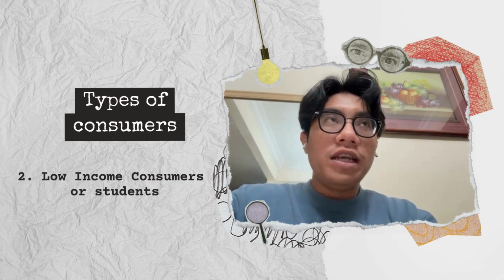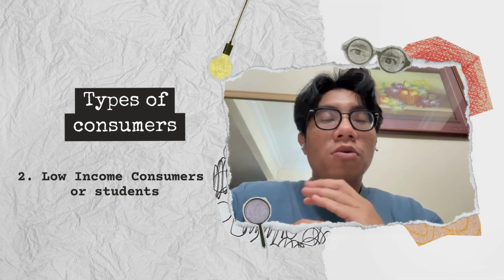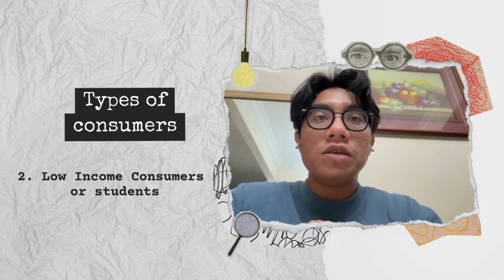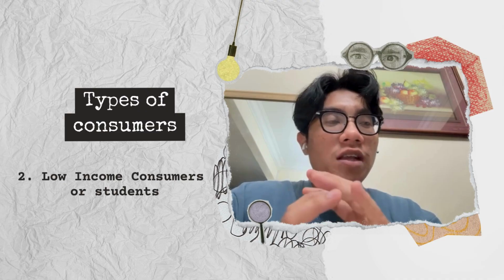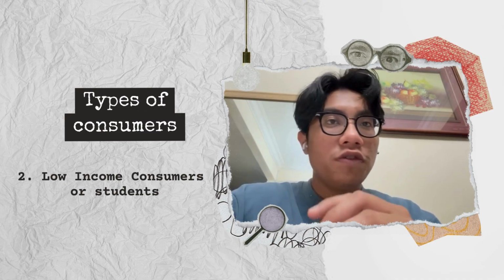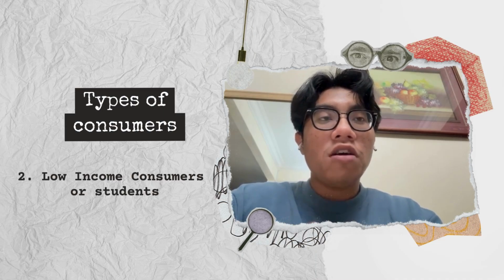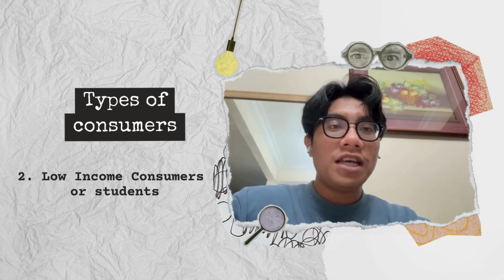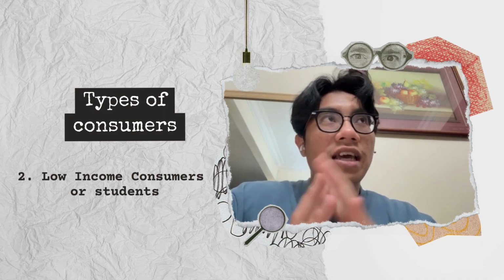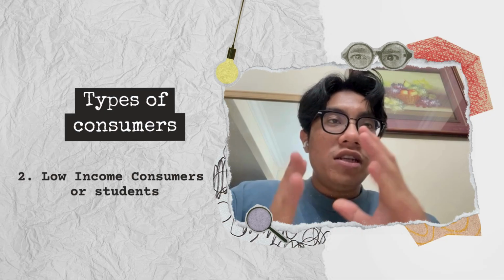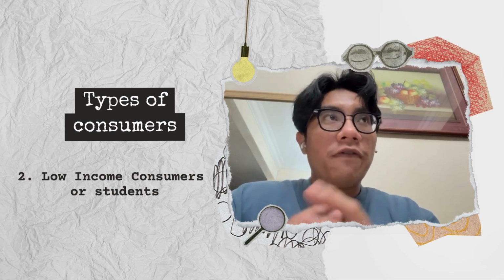Okay, so the next one is low-income consumers or students. The best product for this type of consumer is RHB First Home Mortgage. This product offers various benefits for low-income consumers and students, such as high margin financing. It offers up to 100% financing plus an additional 10% to cover related costs like MRTA and legal fees, which reduces the need for upfront cash.